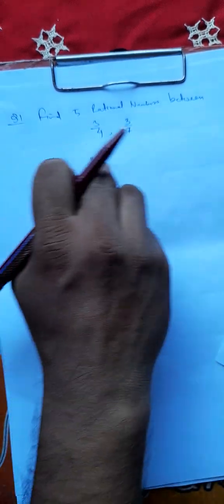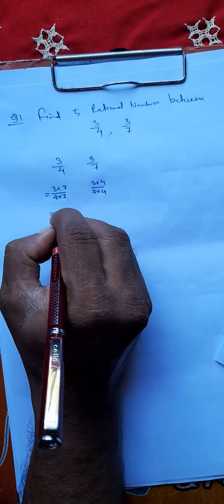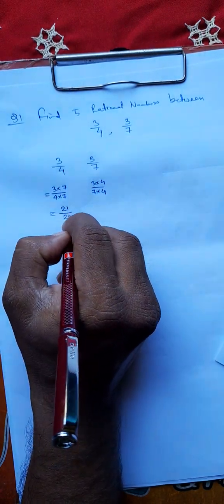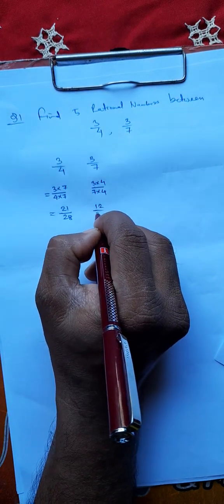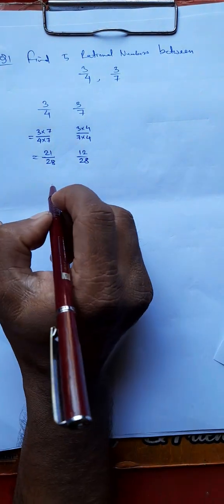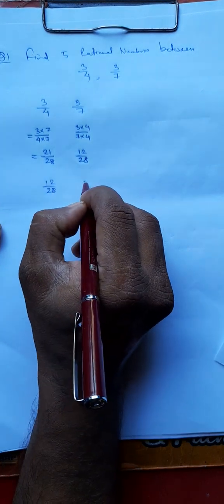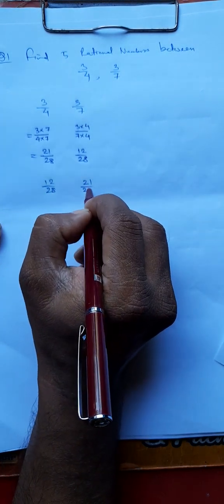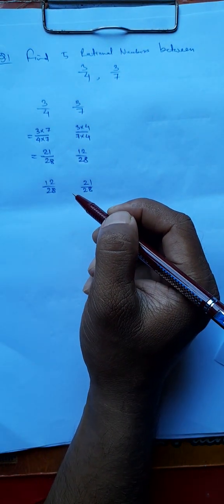We are just cross multiplying the denominators. Then they become 21 by 28 and 12 by 28.